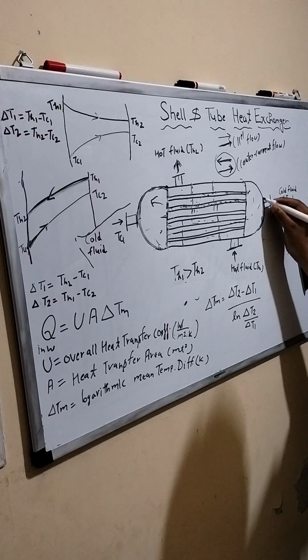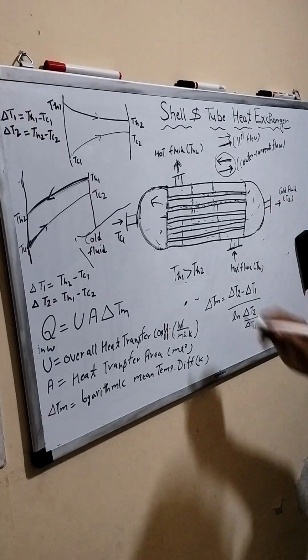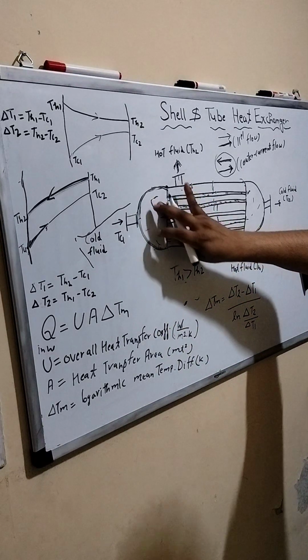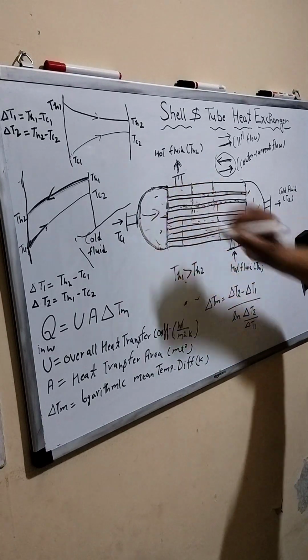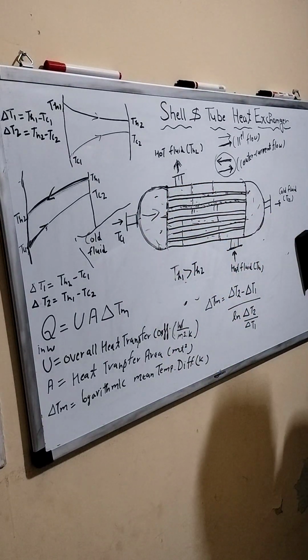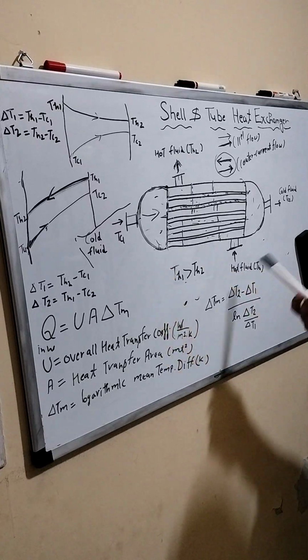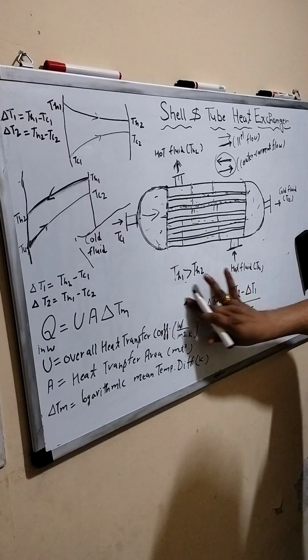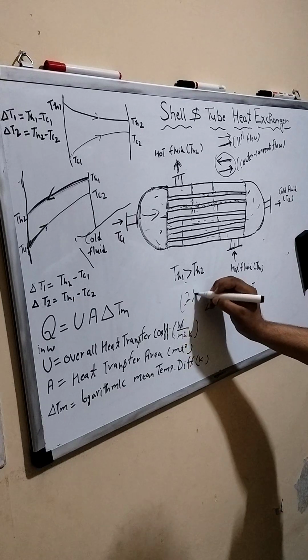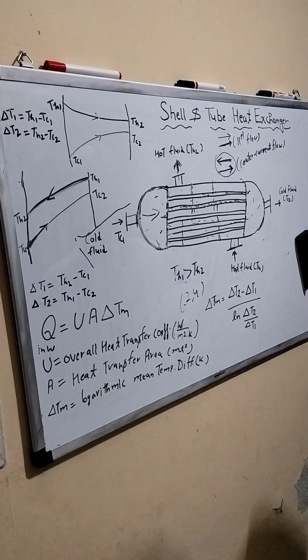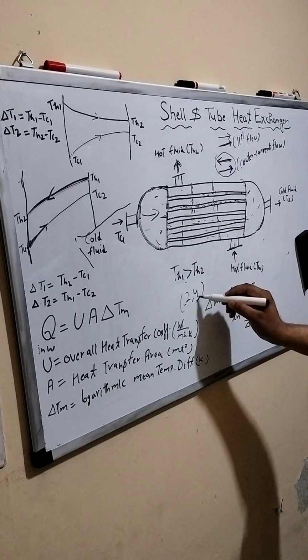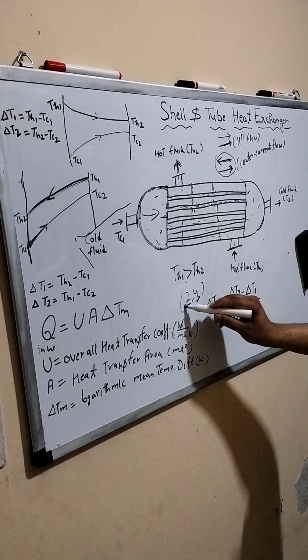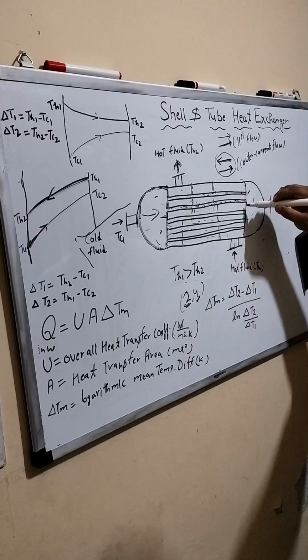Now come to the same situation as before. It is a 1-1 heat exchanger. In industry we generally use 1-1 and 1-2 type heat exchangers. You can also use a 2-4 type heat exchanger, in which there are 4 tube passes and 2 shell passes. How does it become 2?